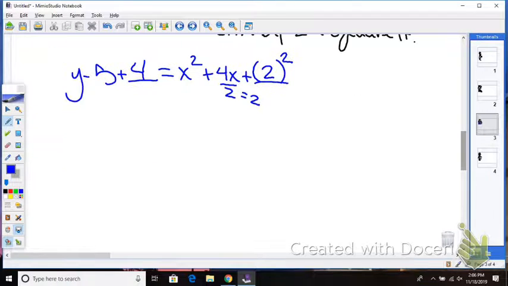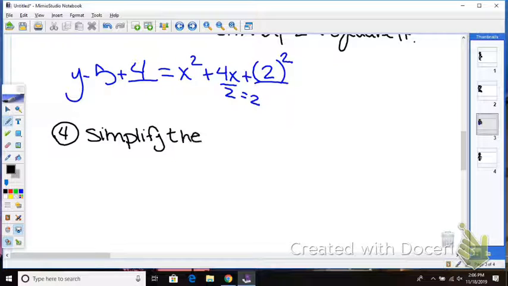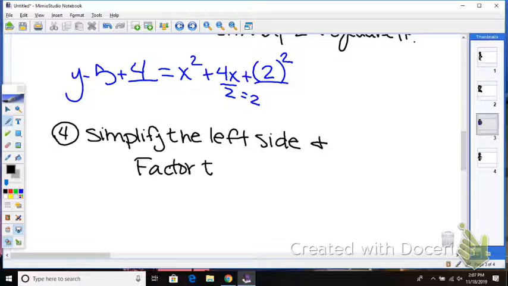Okay. Next step, what number are we on? Step 4. Step 4, we're going to simplify the left side and factor the right side.